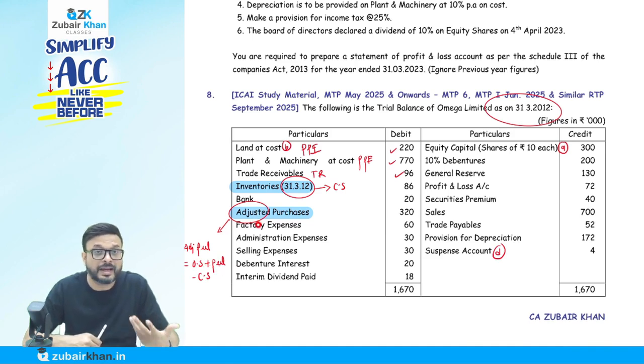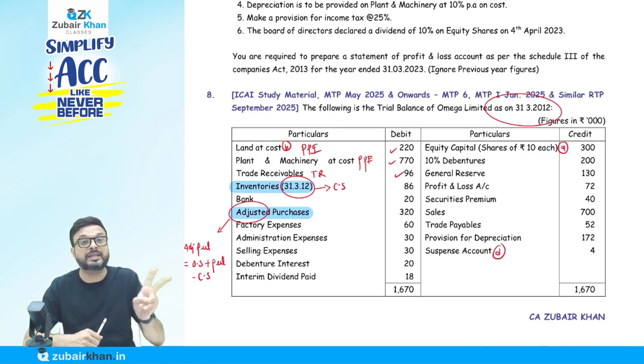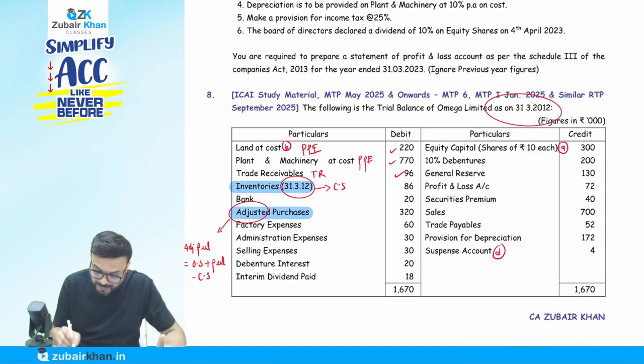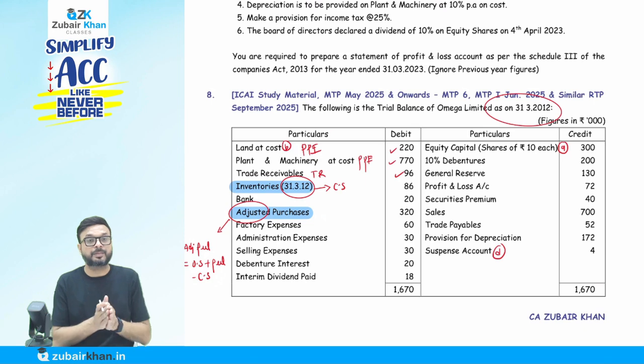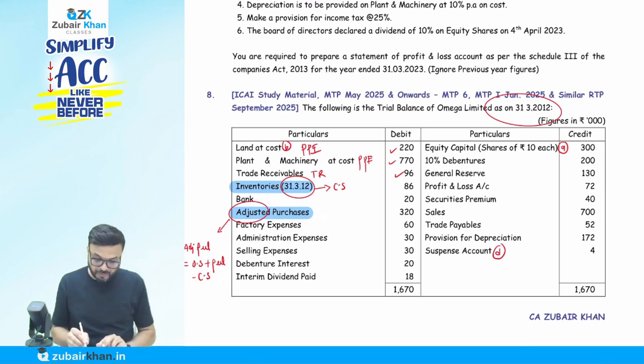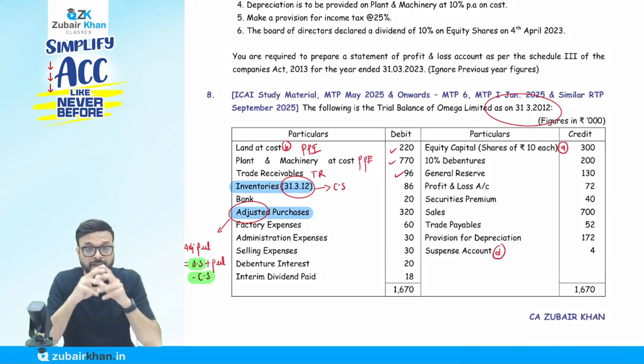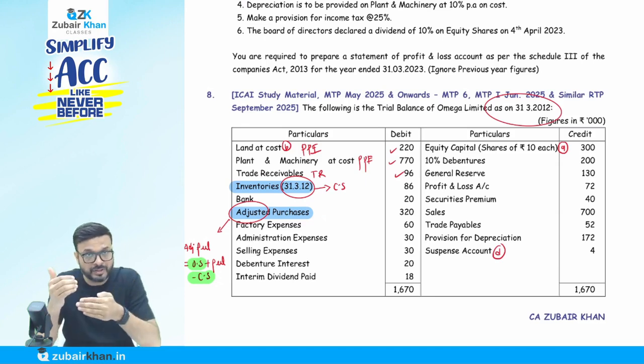So when they tell you the adjusted purchase, remember one thing: they have already done the adjustment of change in inventory, opening minus closing. Why am I saying this? What is the formula of adjusted purchase? Opening stock plus purchase minus closing stock. So basically they have already done opening minus closing. But I cannot find out the amount of change in inventory, which is already adjusted.